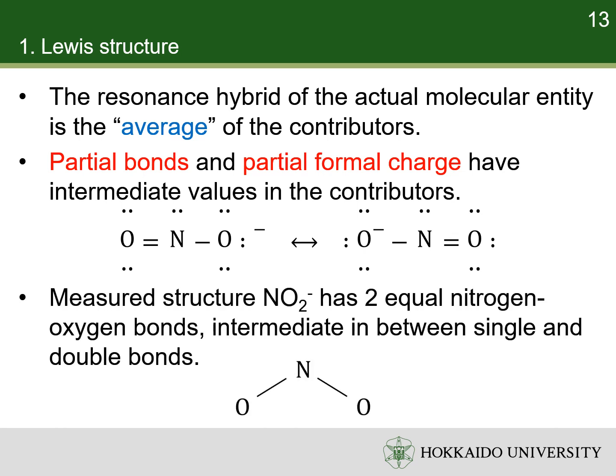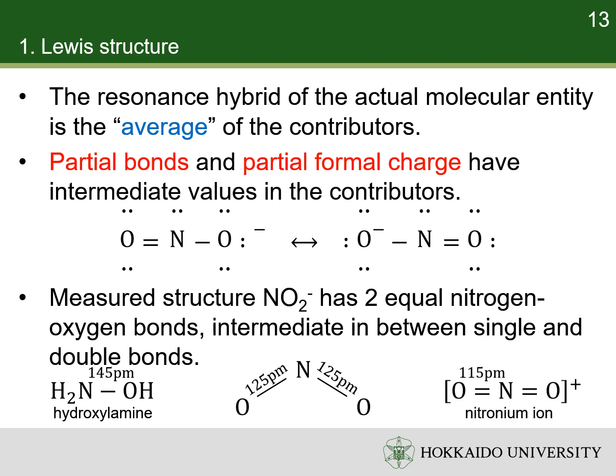However, its measured structure has two equal nitrogen-oxygen bonds, intermediate in length between a typical nitrogen-oxygen single bond, e.g., in hydroxylamine, and a nitrogen-oxygen double bond, e.g., in nitronium ion. This is consistent with a description as a resonance hybrid of the two contributors. According to the contributors, each nitrogen-oxygen bond is an average of a formal single and formal double bond, leading to a true bond order of 1.5.